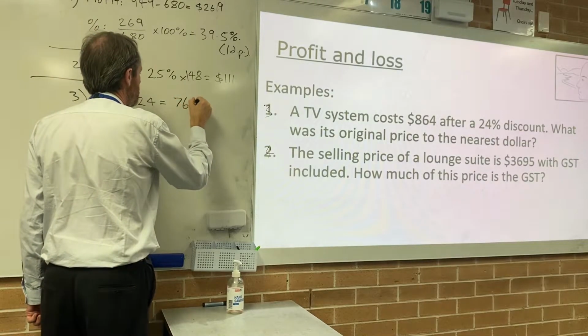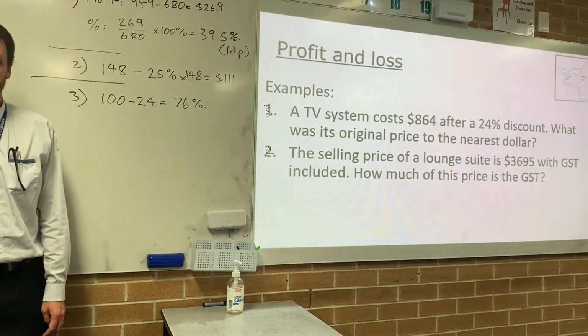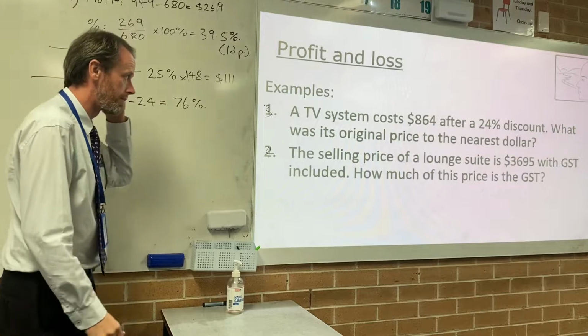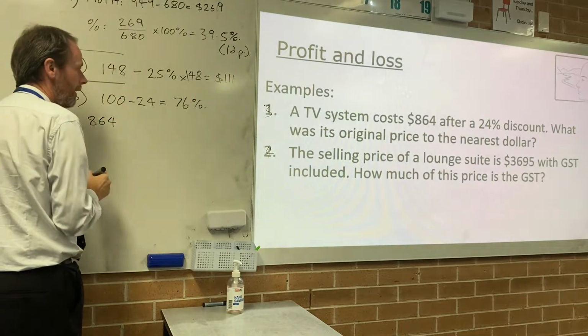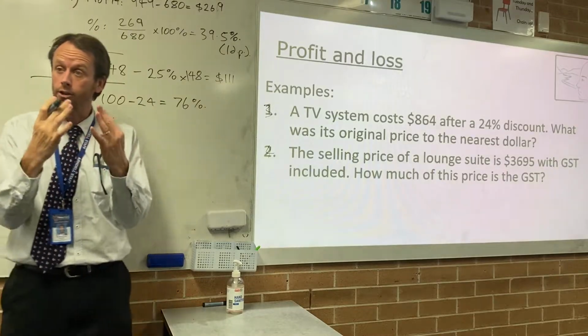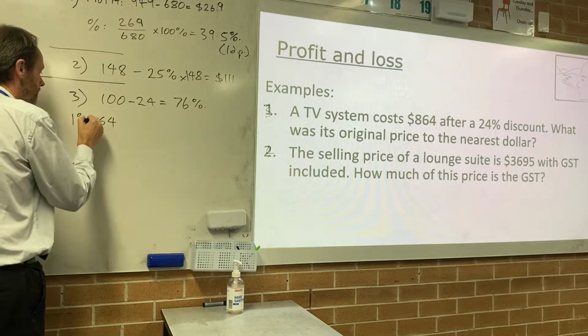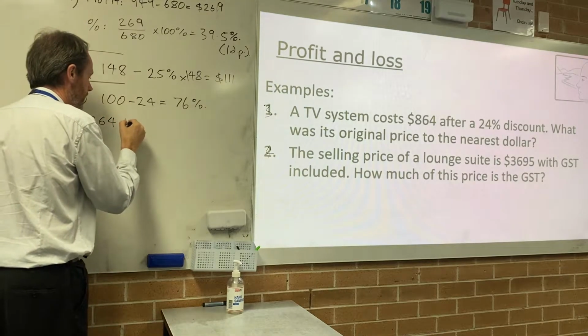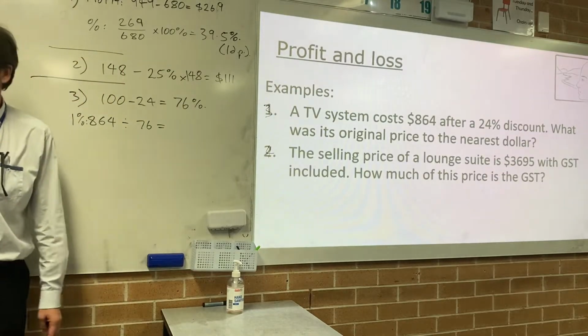So we've got 76% left. Be careful with this sort of question. So now we can do it, 864, and we're going to use that unitary method. 1% is equal, 864 divided by 76 will give us 1%.